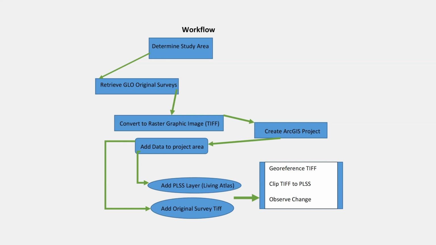Then add the data, adding a PLSS layer from the Living Atlas and the original surveys as TIFFs, and then geoprocessing with georeferencing the TIFF, clipping the TIFF to the PLSS layer, and then observing change within the study area. This basic workflow will be the base for what expands to using other options within study areas or work needs.